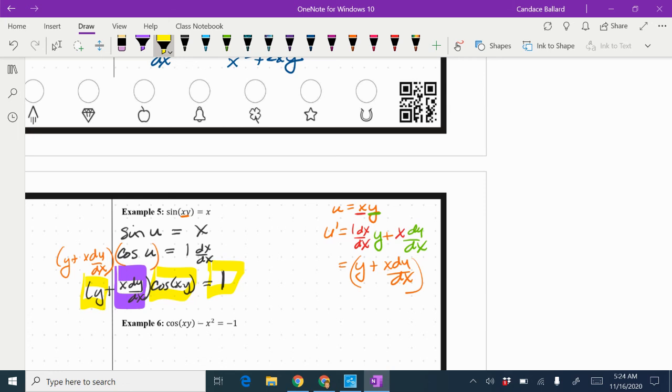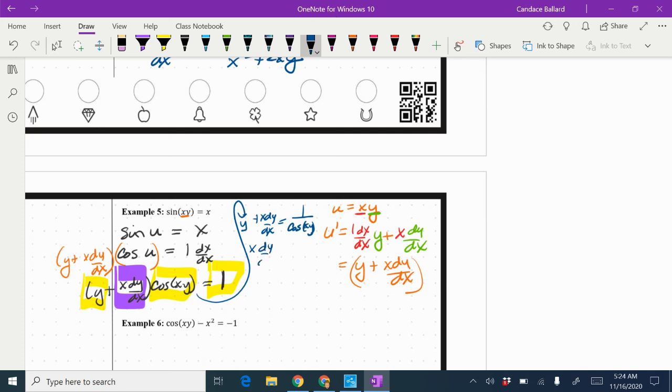So it looks like I can for sure move, by order of operations, the cosine xy by division. So let's start there. We've got y plus x dy/dx equals 1 divided by cosine xy. Then I'm going to subtract the y over, and it's going to start looking weird.